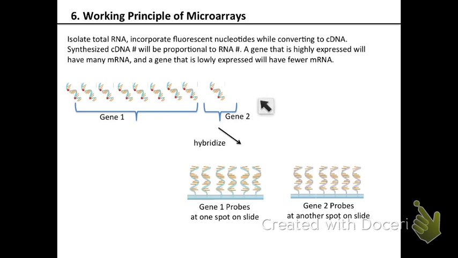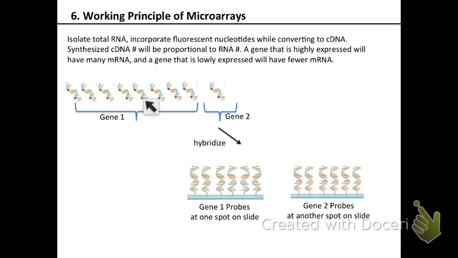And one of the principles is that depending on how much RNA you have in your reaction, the amount of cDNA is going to be proportional to the original amount of RNA, right? So if your gene 1, for example, is highly expressed, you're going to have many, many copies of the RNA corresponding to that gene, right?